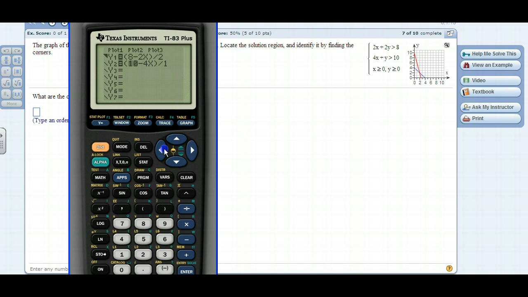Dividing by 1, not having the parentheses there, none of that matters. And then here we want a greater than, just like before. So we graph x greater than 0, y greater than 0 just means we're in quadrant 1. So this is quadrant 1, and what's shaded in both directions? Everything above there. So all of this out here is shaded.